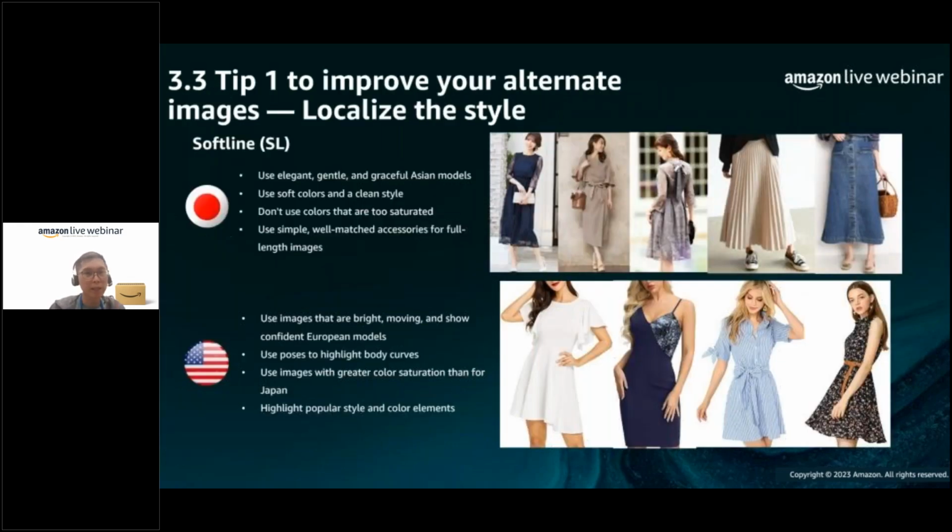Right, before we end this part about images, do also take note of localizing the styles. This is just an example, if you are also focusing on other marketplaces. Certain marketplaces may have a preference for different style images, like you see over here.